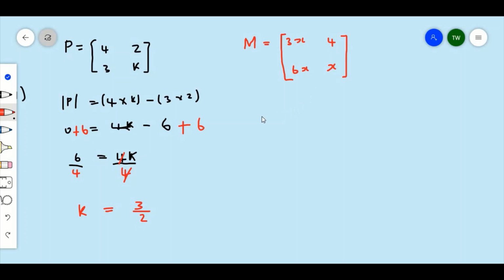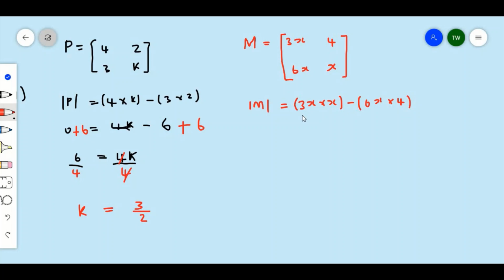We know that we can determine the determinant of a singular matrix by saying the determinant of M is going to equal the product of the main diagonal, which is going to be 3x multiplied by x, put that in a bracket, subtract the product of the minor diagonal, which is going to be 6x times 4.